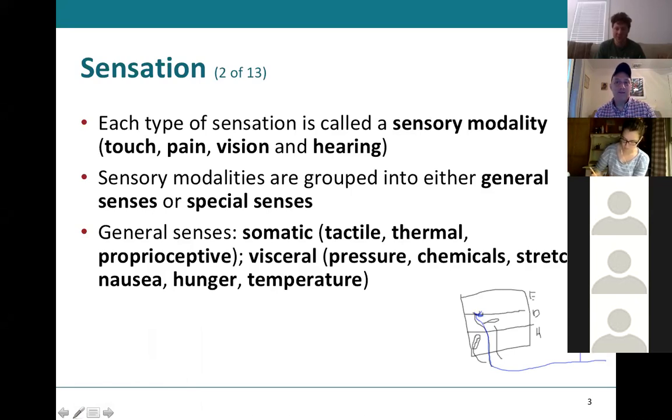It's traveling to the same location, that lateral gray horn, but where it goes inside the spinal column and how it ascends to that primary somatosensory cortex is all part of the general somatic pathways that we're going to be studying, okay?